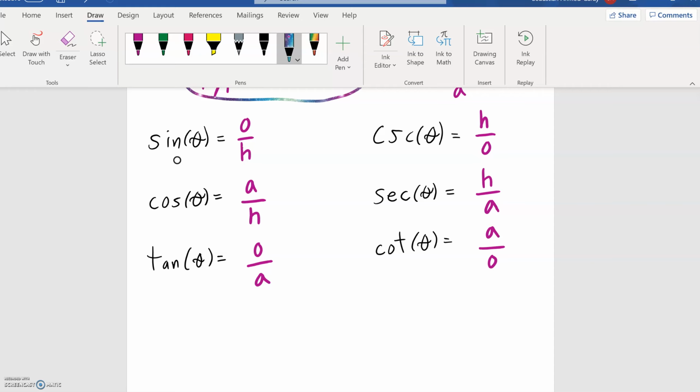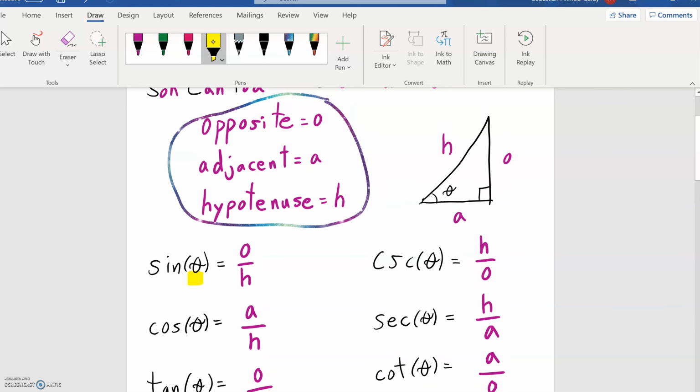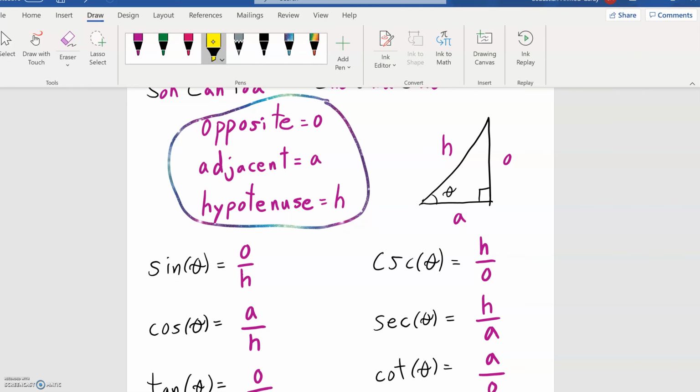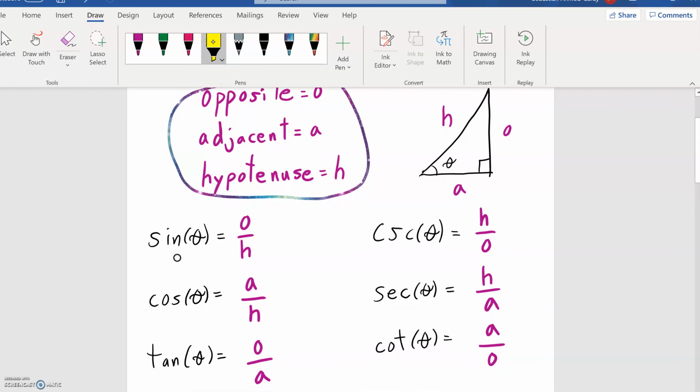I plug in an angle theta. My output is a ratio of two sides of a right triangle. So in the case of sine, when I plug in the angle theta, sine is equal to the opposite over the hypotenuse. Cosine is equal to the adjacent over the hypotenuse. Tangent is equal to the opposite over the adjacent.